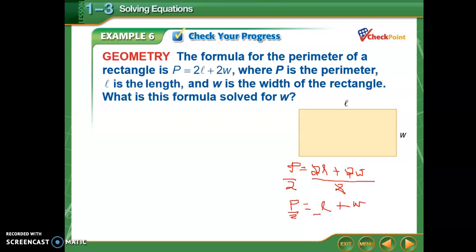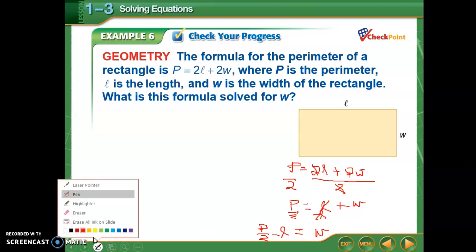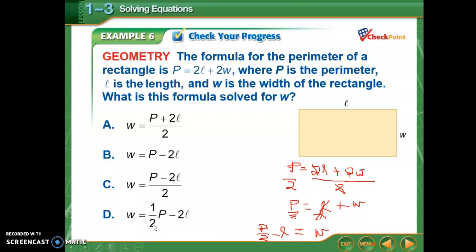Okay, and then subtract L both sides because we are leaving W by itself. P over 2 minus L, and then bring down our W. Right, let's take a look. So W equals P over 2 minus L.